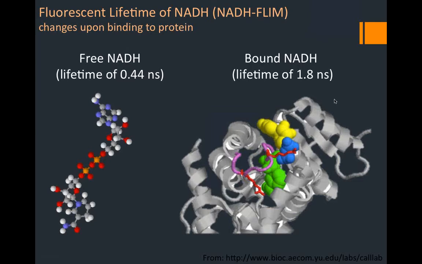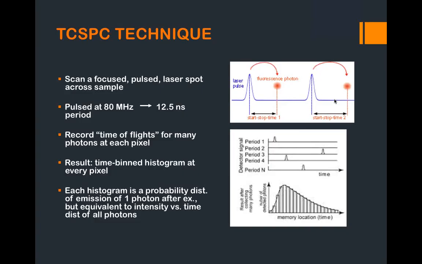And so the way that we use this is we use a technique called time-correlated single photon counting. This is a really basic explanation, but if we imagine that we just centered our laser on a single point, we take advantage of our multi-photon titanium sapphire laser that has pulses at very distinct sequences at 80 megahertz.